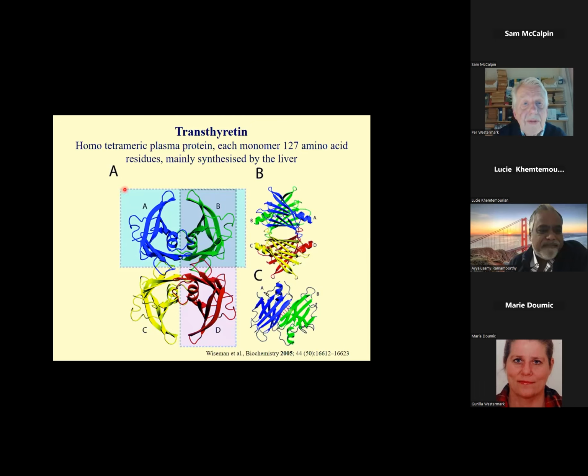The protein forms a tetrameric structure with a channel in the middle, and is stabilized by ligands that are bound in these channels, for example thyroxine, and also by synthetic ligands used for treatment, such as tafamidis.